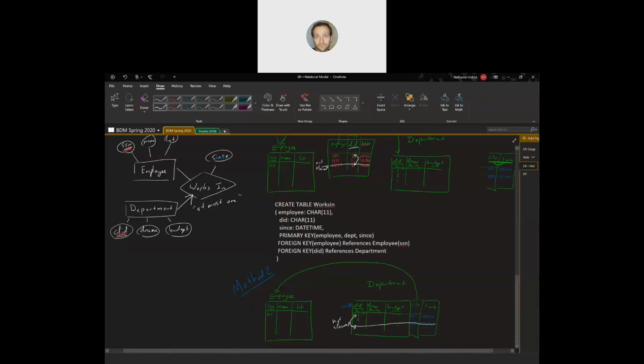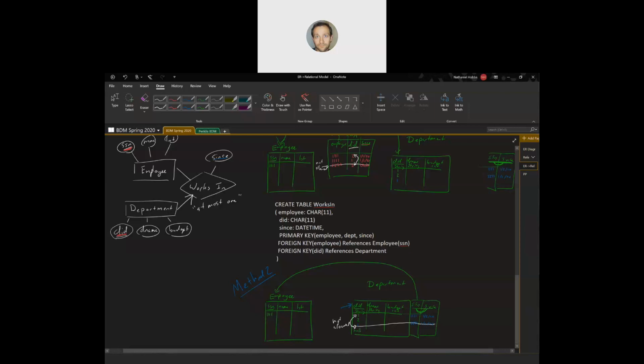So first of all, is it possible to make the department a unique key? Here, maybe not, because a unique key allows for null values. And so if I were to make DID a unique key and SSN and since a composite key, then you might be able to have a null value here.